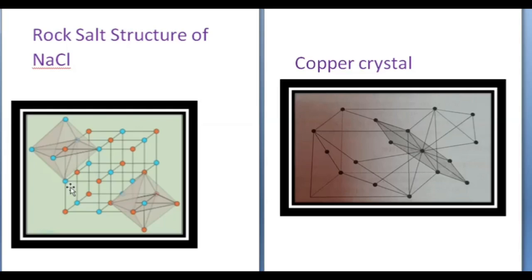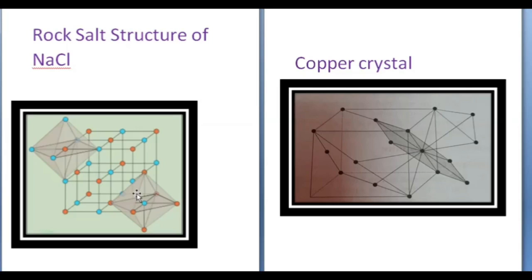And each chloride ion, if you take the blue one, is also surrounded by 6 orange atoms. So each sodium ion is surrounded by 6 chloride ions, and each chloride ion is surrounded by 6 sodium ions. Thus, the coordination number of each sodium and chloride ion in the sodium chloride structure is 6 and 6.